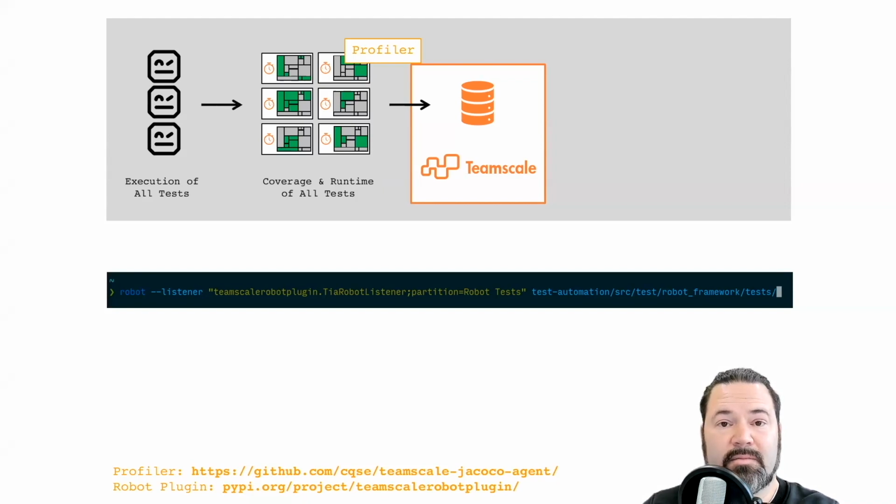And we have also open sourced our coverage profiler for Java, which is an adaptation of the JaCoCo open source profiler. So these two work together to record test case specific coverage for Java tests for the Robot Framework. This is the command line to execute your tests. And then the test case specific code coverage gets written to the hard disk, and you can use it with any tool that uses code coverage, including Teamscale, our own tool that we use for the Pareto optimization and the test impact analysis.